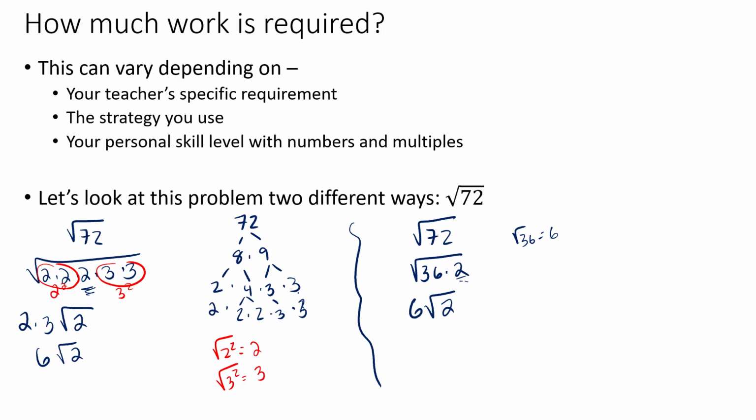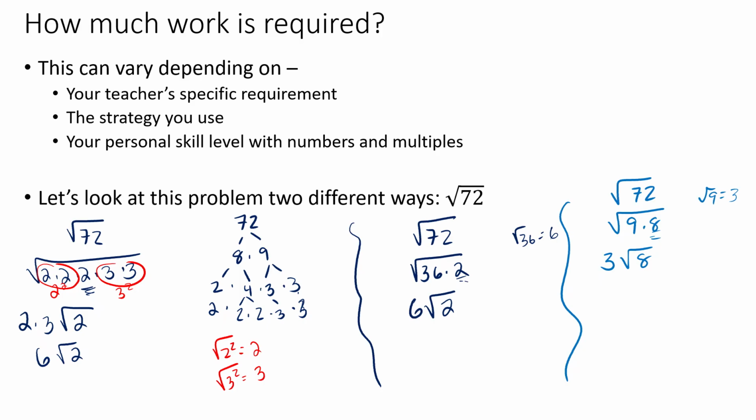One other way you can do this problem that I've seen a lot of students do is they recognize the 9 times 8. And so they say the square root of 9 is 3. So they have a 3 outside and then the 8 is still staying in there. The problem with this is that it's not simplified all the way. To simplify, you want to get the smallest number under the square root possible.